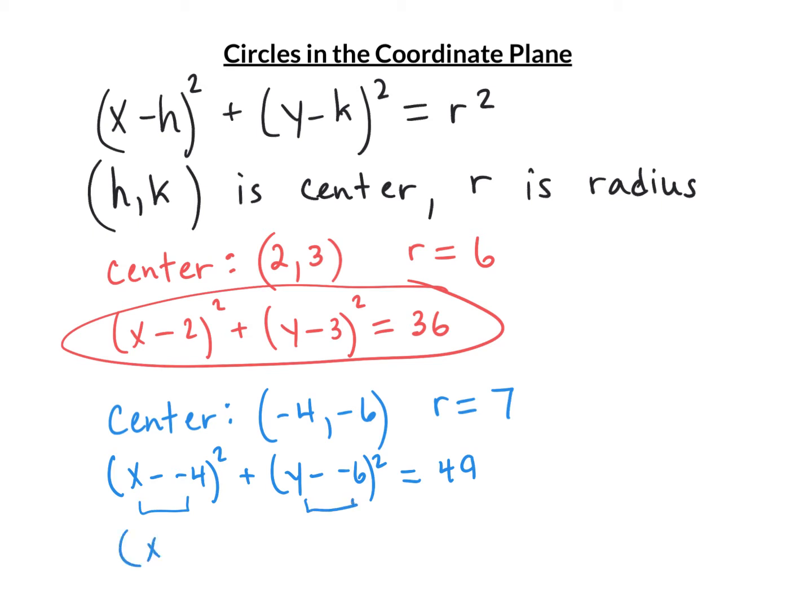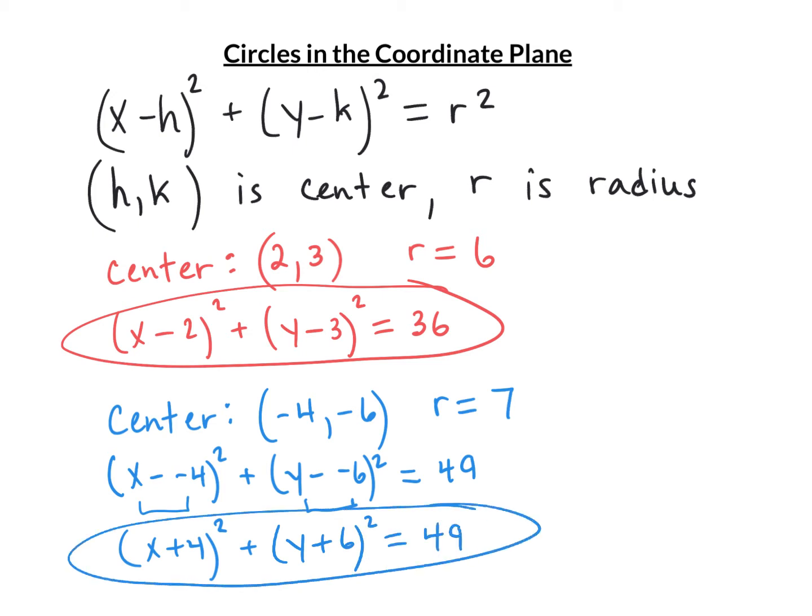You would change it to x plus 4 quantity squared plus y plus 6 quantity squared equals 49. This is the equation of a circle with center -4, -6, and radius 7. Note here that the only way you can get plus is if your center has a negative x or a negative y.